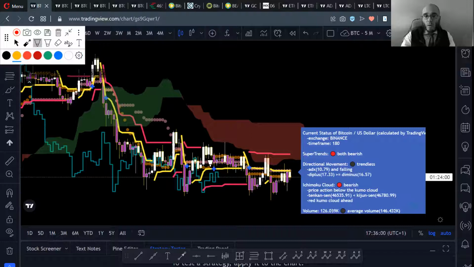So right now, since you are below the cloud, Ichimoku tells you that you should only be looking for a short position. But I'm trading Ichimoku in accordance with Elliott wave, and I need to have the same outlook on Elliott wave. So I need to be bullish on Elliott wave and Ichimoku to go long. And that's not the case right now.